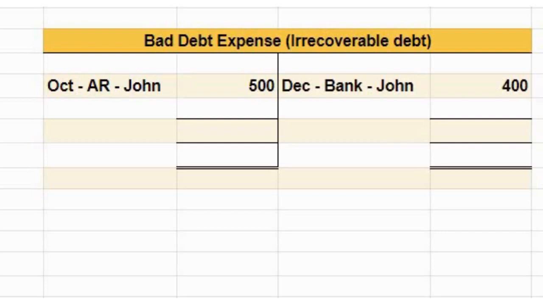And let's assume that Fred has no further bad debts for all of December for the rest of the financial year for year 1. So what we're going to do now is balance the bad debt expense account.